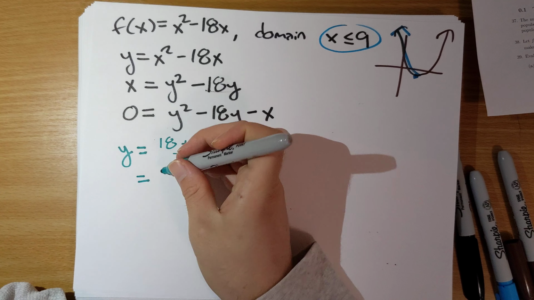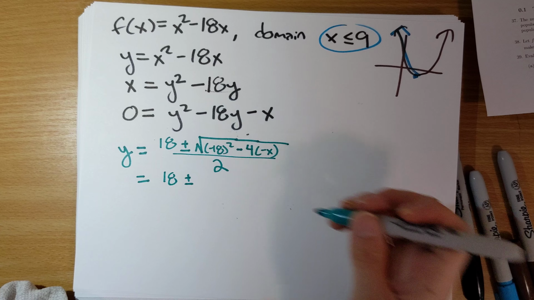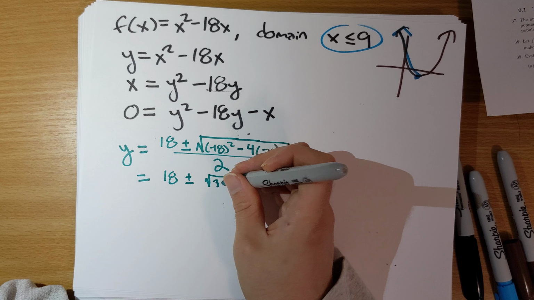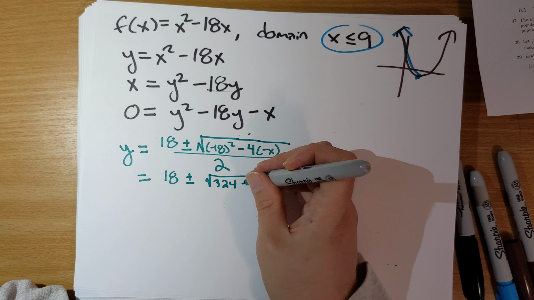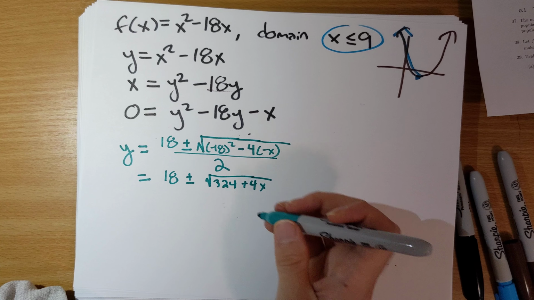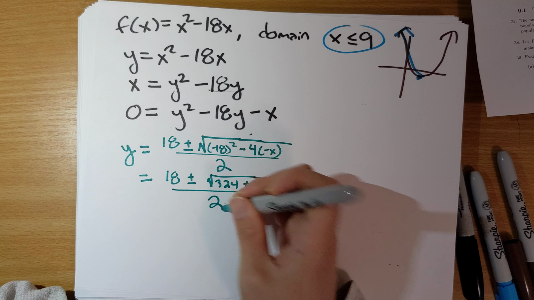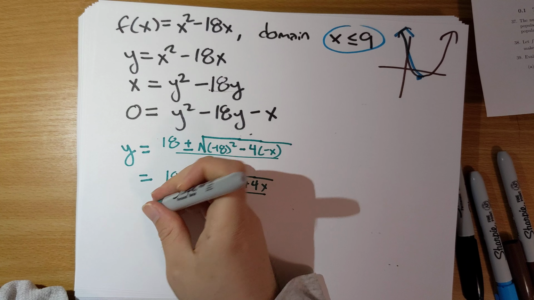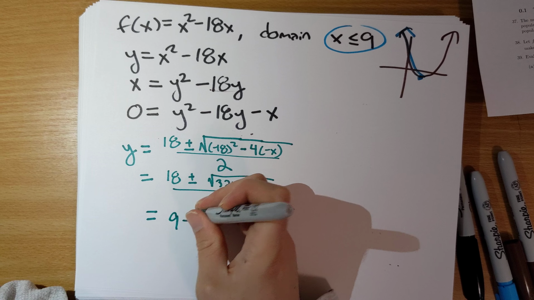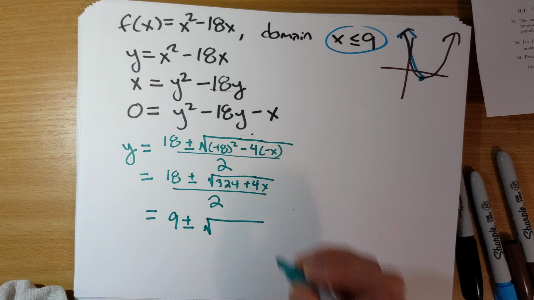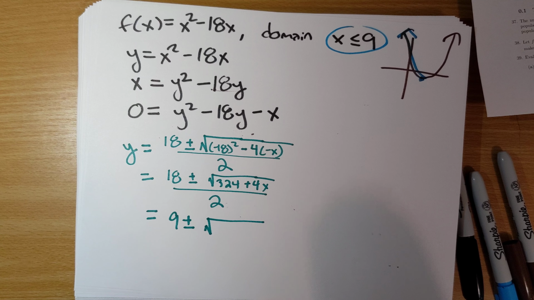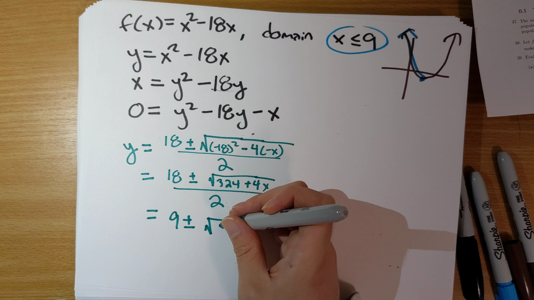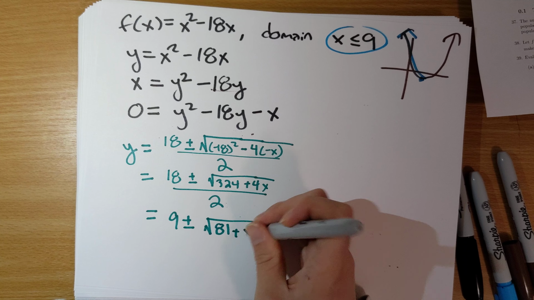So y is 18 plus or minus the square root of 18 squared, which is 324, plus 4x, divided by 2. If we divide everything upstairs by 2, we get 9 plus or minus the square root of 324 divided by 4, which is 81, plus x.